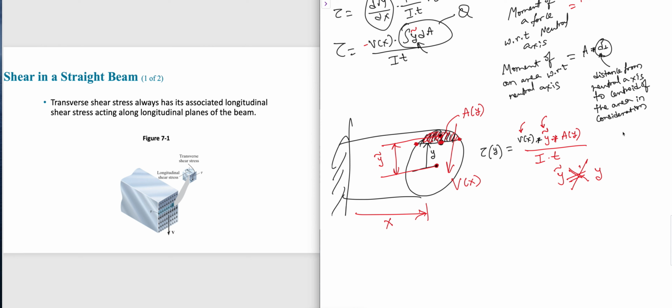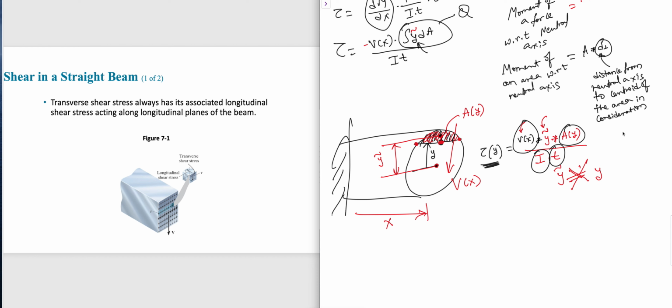So the shear stress at a point is nothing but the shear force. Majority of you will write this. Majority of you can find the moment of inertia. Majority of you can find the thickness. Most of you, or 80% of the class, know what A is: the area above the point of consideration.